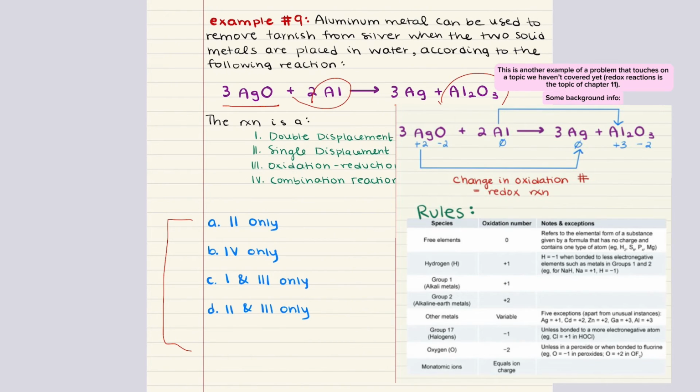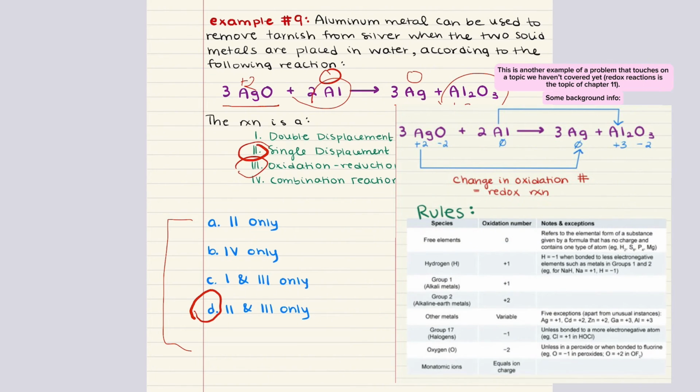Silver, for example, changes from the +2 oxidation state to a neutral state, a 0 oxidation state. Therefore, also aluminum changes from neutral to a +3 oxidation state. And so in this reaction, we see single displacement and we see oxidation reduction reactions. So statements 2 and 3 are correct. And the correct answer then for problem 9 is going to be D.